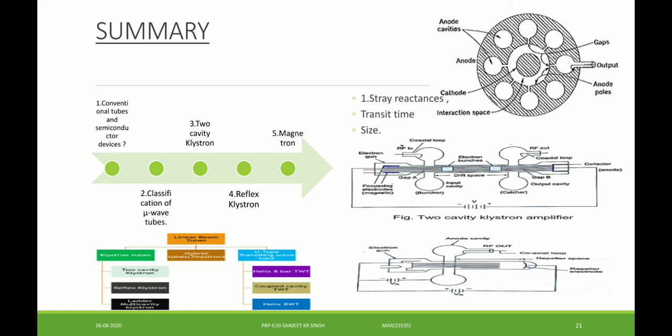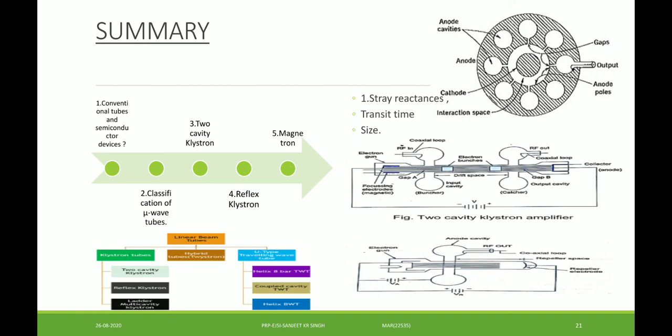And we also saw how the two cavity klystron amplifier amplifies a radio frequency signal injected into the buncher cavity, and how the velocity modulation takes place, current density modulation takes place in the drift space, and finally coming back to the catcher cavity, the amplified version of the radio frequency signal is taken out with the help of the coaxial cable, and remaining electrons are collected by the collector in the two cavity klystron.